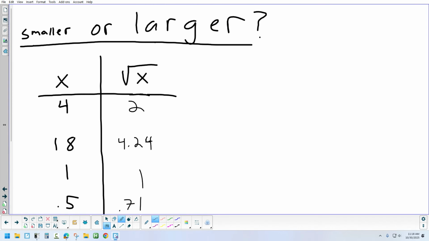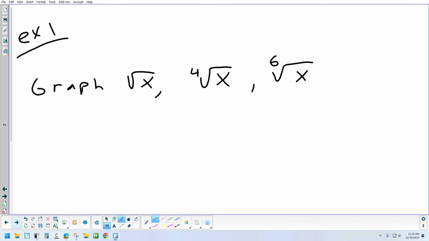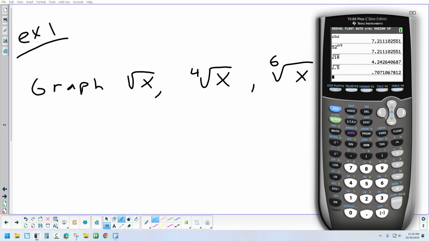So now we're going to take a look at what square roots look like. We're going to graph three different, not just square roots, but even roots. We'll do a square root, a 4th root, and a 6th root. Square root, you should already know how to type that: second, square root, x.